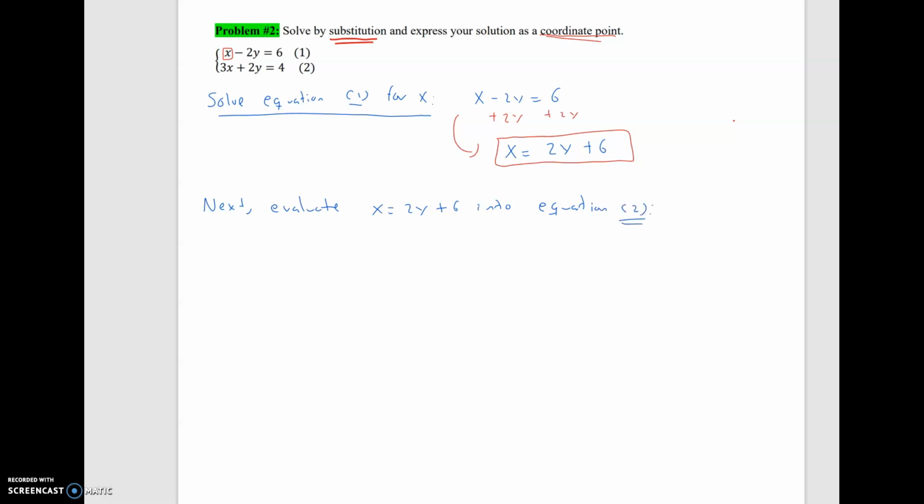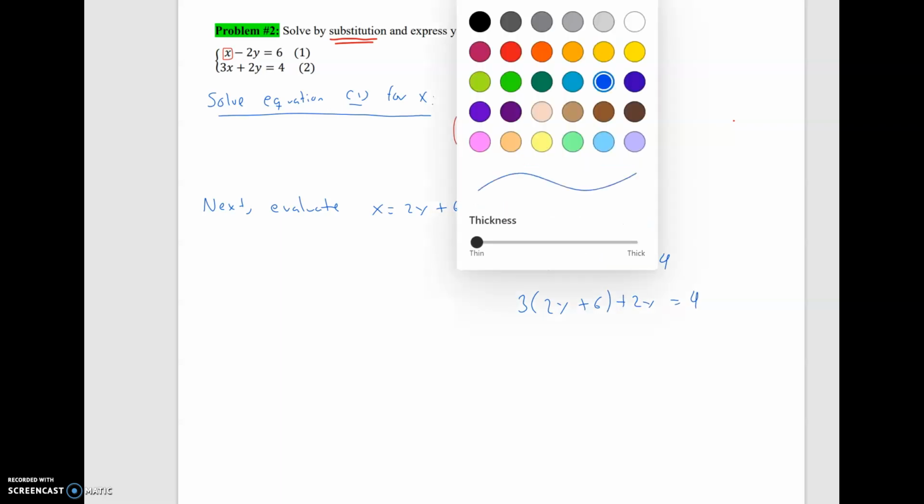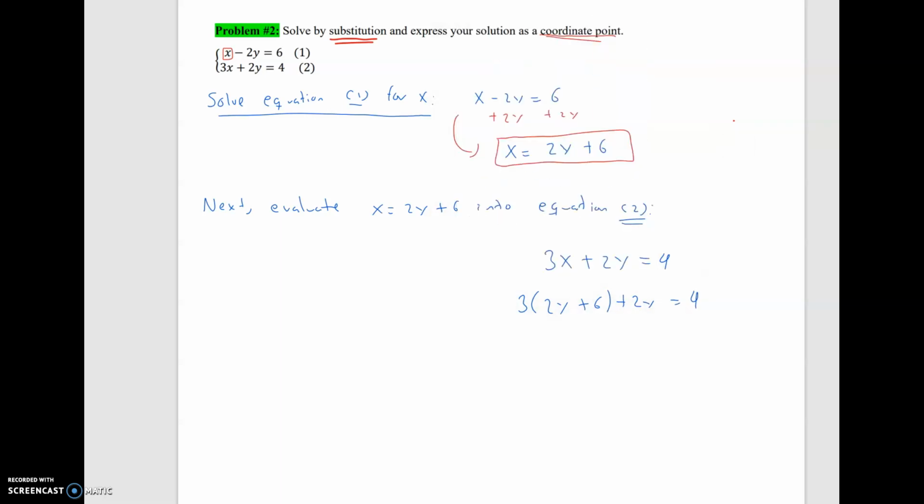Now equation number 2 reads 3x plus 2y is equal to 4, or 3 times (2y plus 6) plus 2y is equal to 4. And then at this point we could distribute the 3 times those 2 terms.